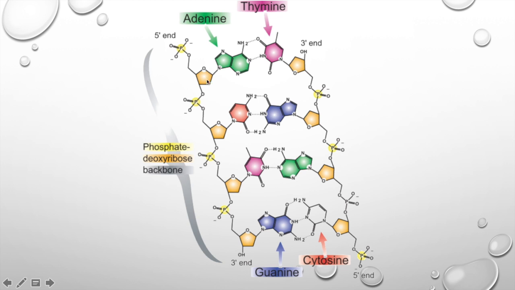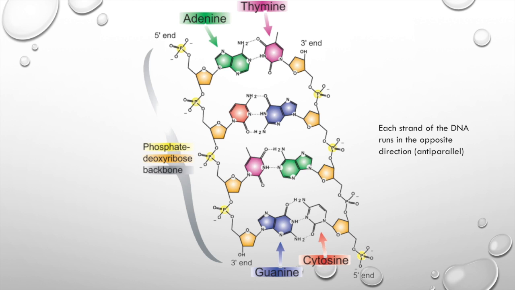And we can see that this strand is running 5' to 3' this way, and this strand is running 5' to 3' this way. So we can see that the strands are running in opposite directions, and this property is known as anti-parallel.